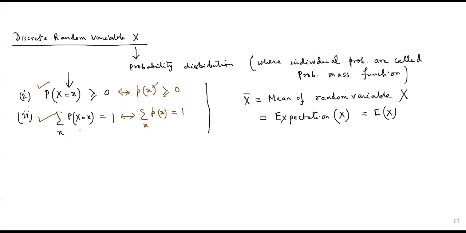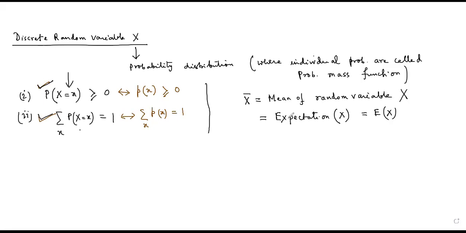In some books, authors use different notations to represent the probabilities. You may come across the probabilities denoted by small p of x greater than or equal to 0 and summation over x of small p x equal to 1. But I prefer the notation which I have ticked over here because it is more explicit.